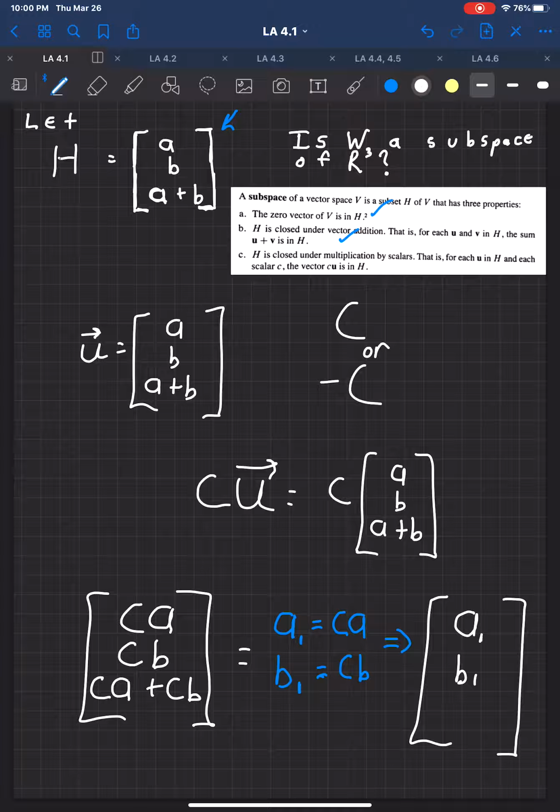So that last part, ca plus cb, is going to be a sub 1 plus b sub 1. Do you notice that what you have here is the exact form that you would expect your vector in H to take on?